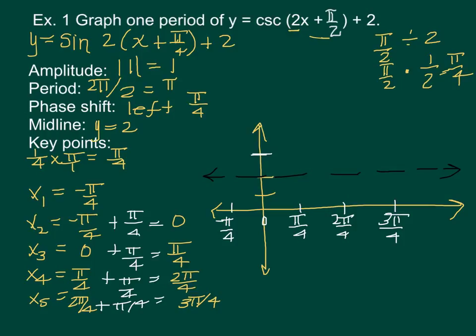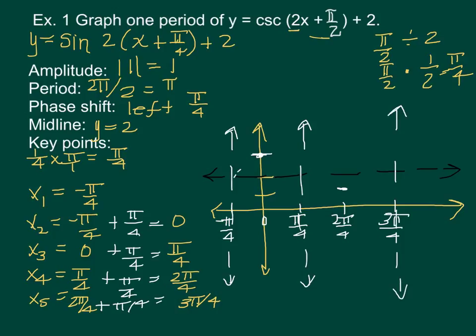So remember, when you're doing the reciprocal, our first X value has an asymptote. Then my next one has an asymptote. Then I go down. And then my last X value has an asymptote.